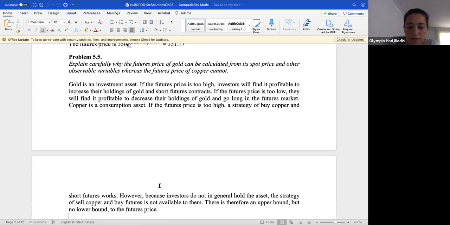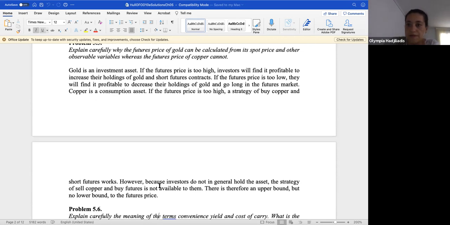However, because investors do not in general hold the asset, the strategy of selling copper and buying futures is not available to them. There is therefore an upper bound, but no lower bound to the futures price.